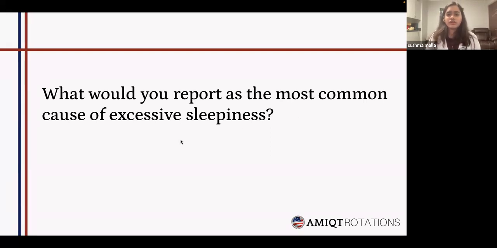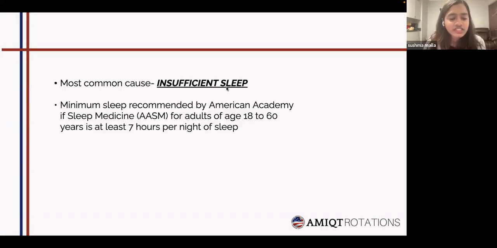Usually whenever we see excessive sleepiness patients, we try to get to a diagnosis, but the most common cause, which is the simplest cause, is insufficient sleep. And this doesn't need to be because of a disease, as all of us know. It could be just because they are individuals who do not sleep for enough time.